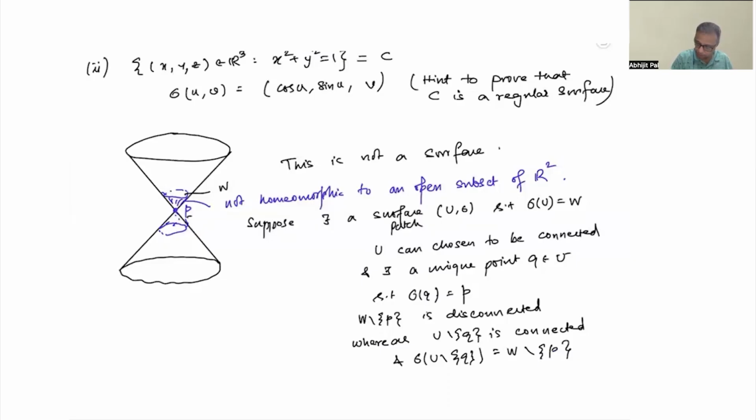So this is a contradiction. Therefore, this cone is not a surface. All right.